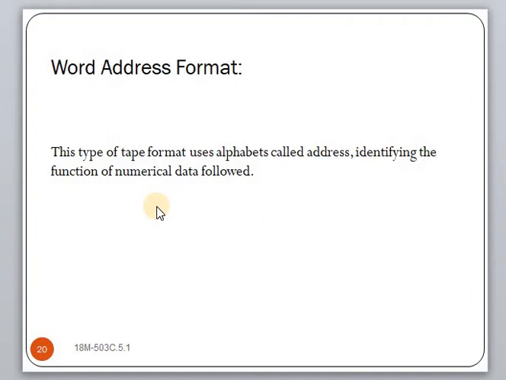Thus, the letter code specifies the type of word that follows, and then its associated numeric data is given. For example, tool number is represented with the code capital T. And for example, T01 would be interpreted as tool number 1.